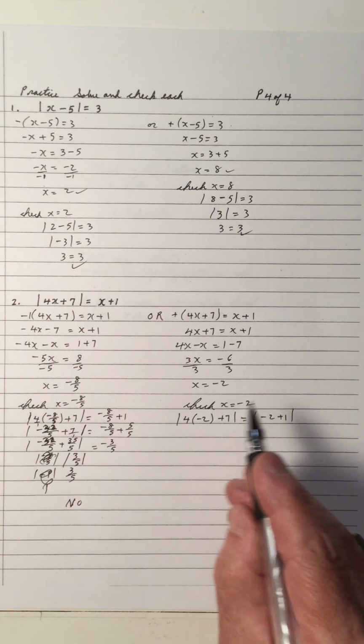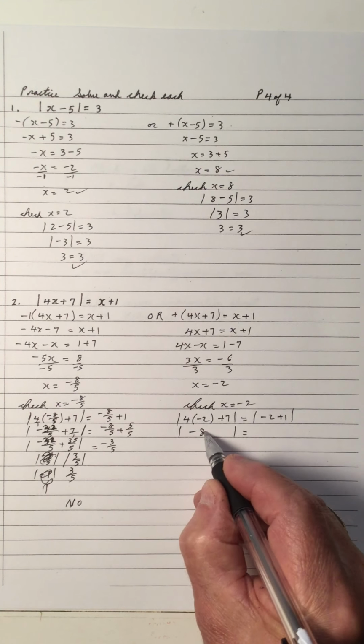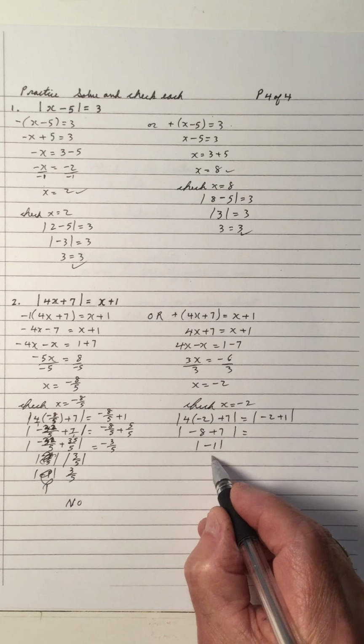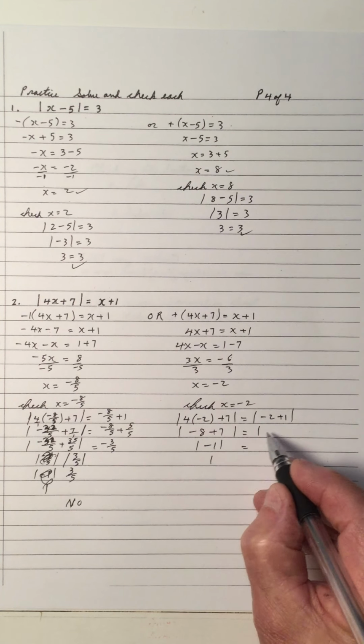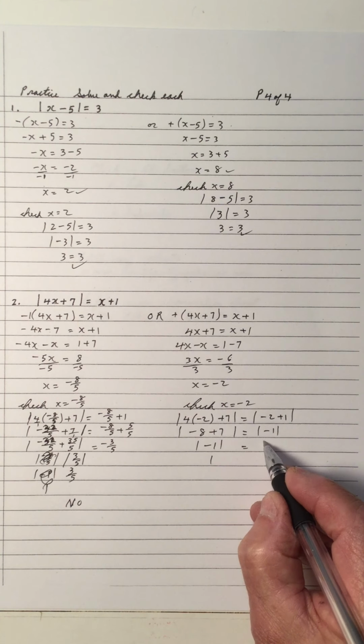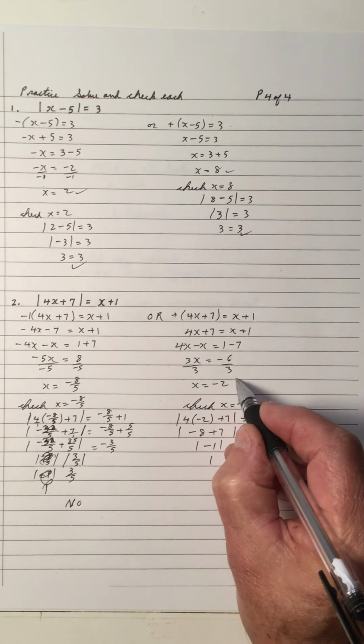So this side is negative 8 plus 7, absolute value of negative 1, which is 1, and negative 2 plus 1 is negative 1, absolute value of negative 1 is 1, true. So the answer is x equals negative 2.